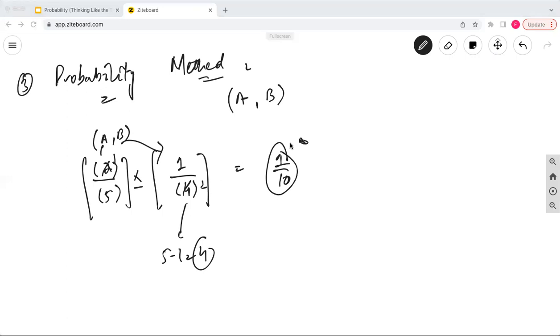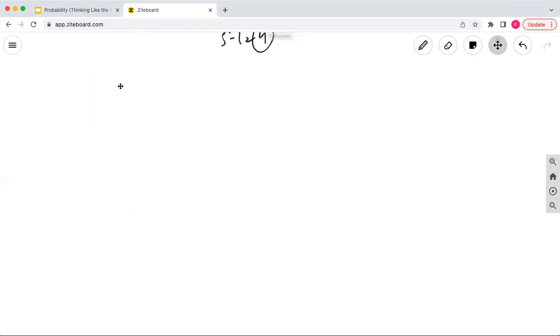Yes, Faizan. And the last one is the reverse probability method. What we did in the combination, we saw the restricted case. Now we will see the restricted probability case. And the fourth one is the reverse probability method.